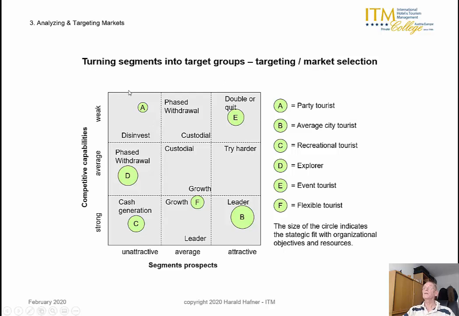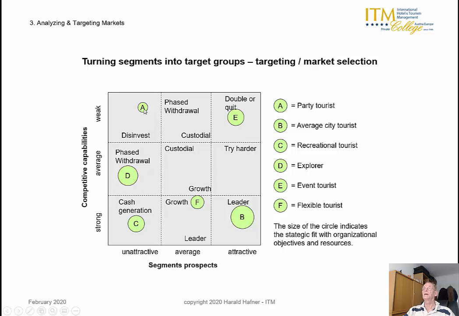Here we have the three aspects. We have the competitive ability divided into strong, average, and weak on the y-axis, and we have the segment prospects, unattractive, average, or attractive on the x-axis.